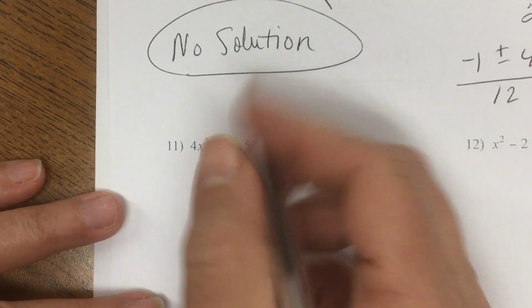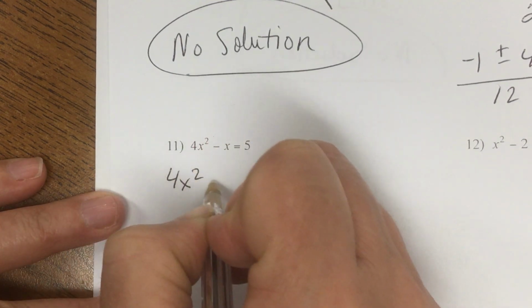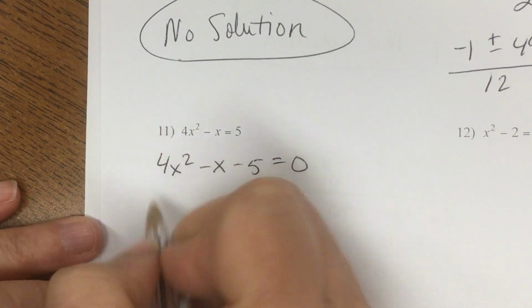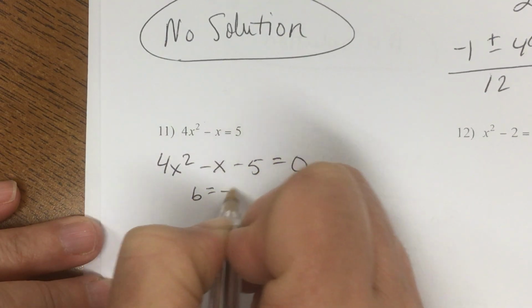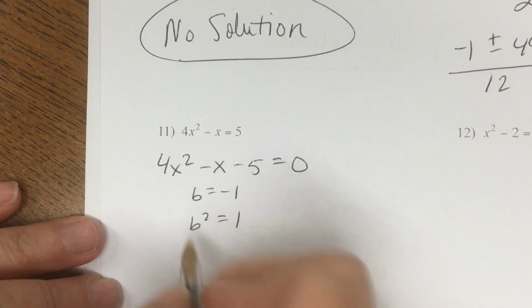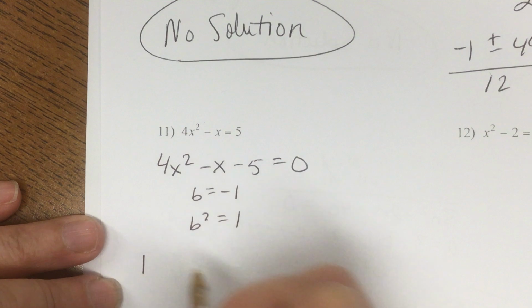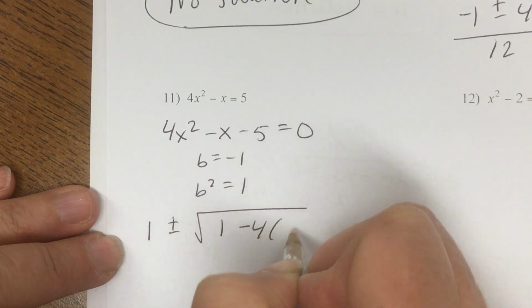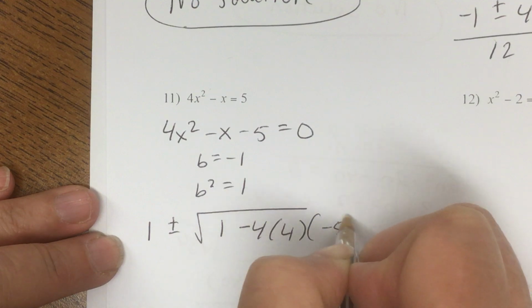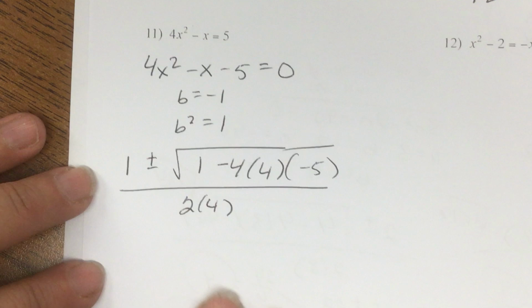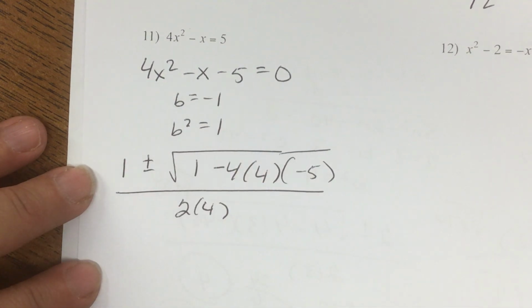So I just need to move the 5 over. So I have 4x squared minus x minus 5 equals 0. So my b is equal to negative 1. So my b squared is equal to positive 1. So negative b is a positive 1, plus and minus radical b squared minus 4ac all over 2a. Take your calculator.